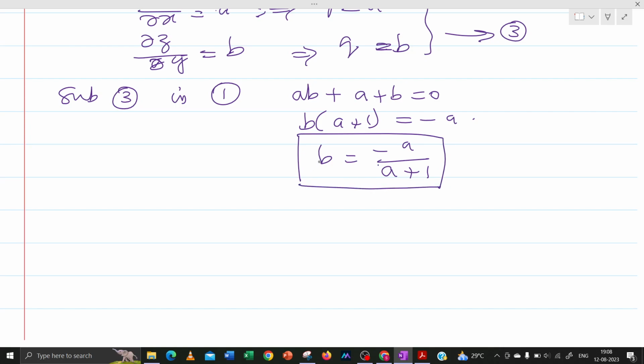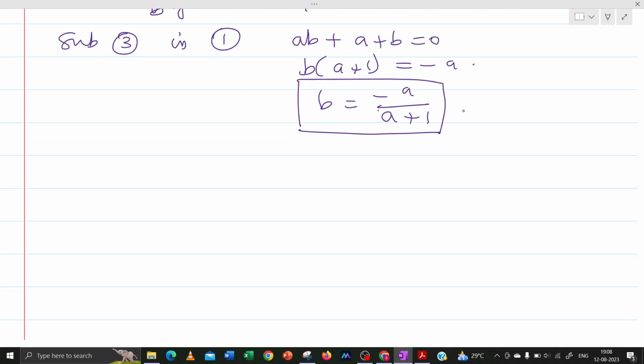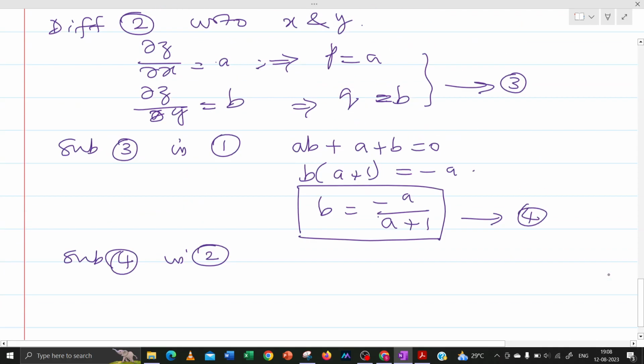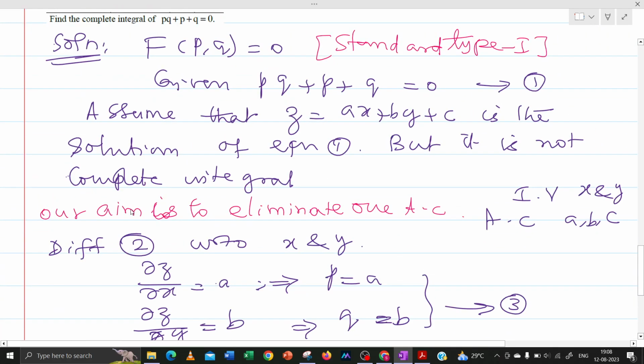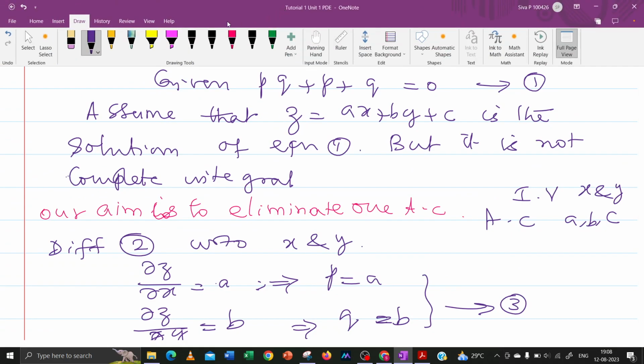That means you are expressing b in terms of a. This is equation number 4, substituting 4 into equation number 2.